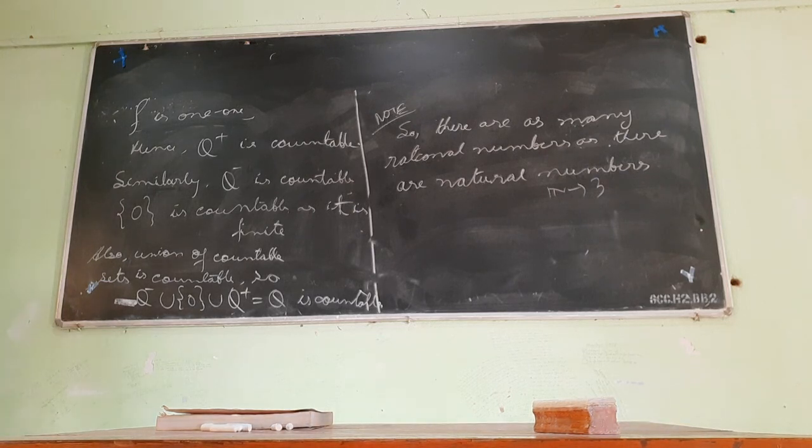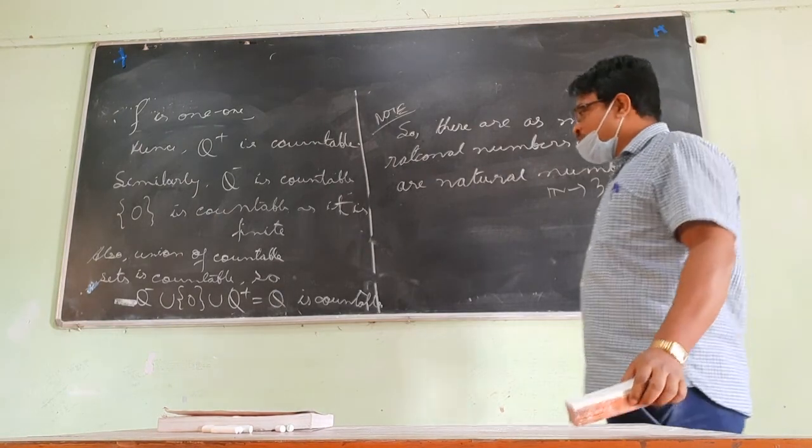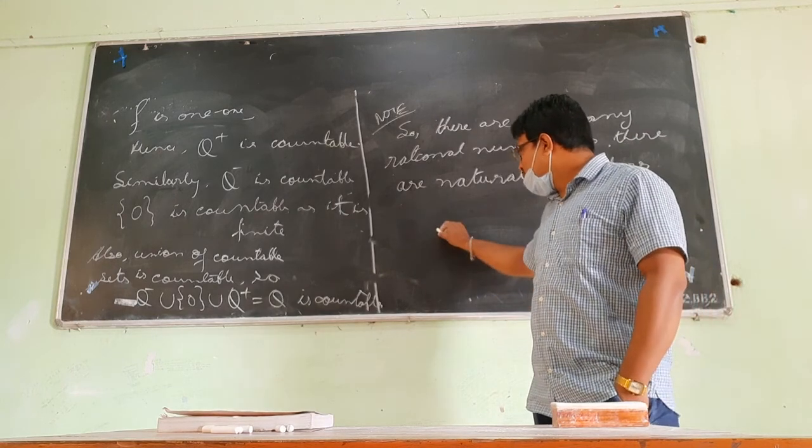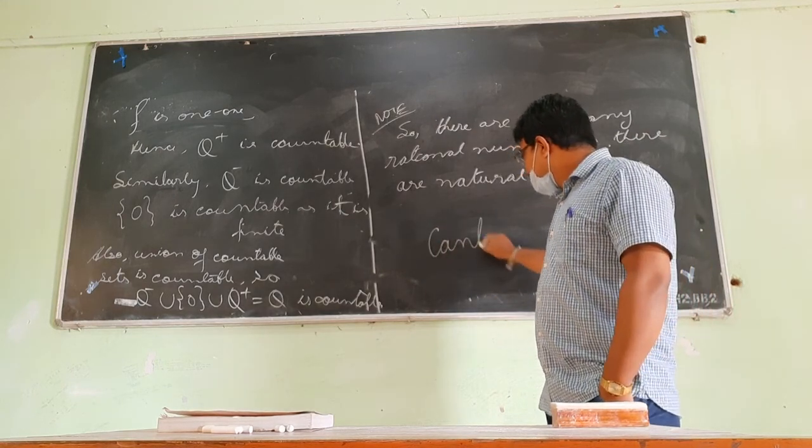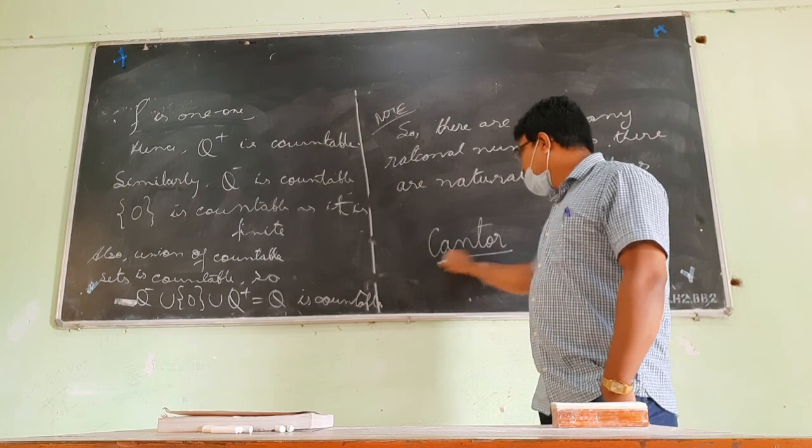He suffered a lot of depression at that time because established mathematicians did not regard his theory as correct. But after his death, it was established. Cantor is known as the father of set theory. You can search Georg Cantor on Google. Cantor is a very good mathematician.